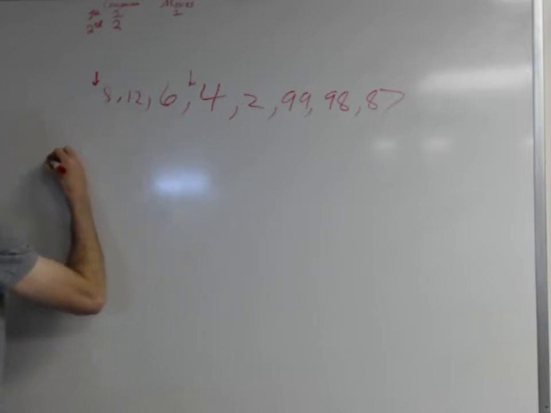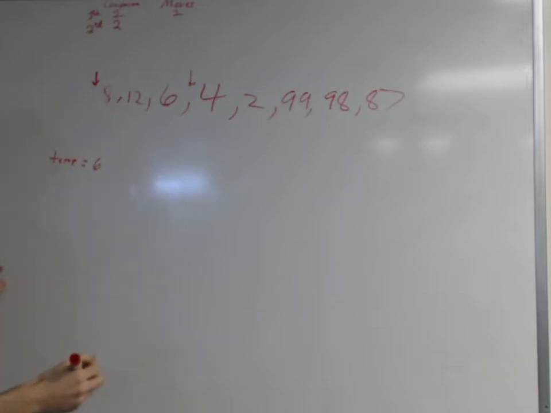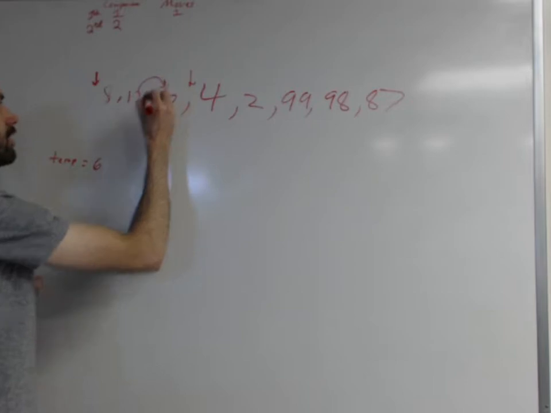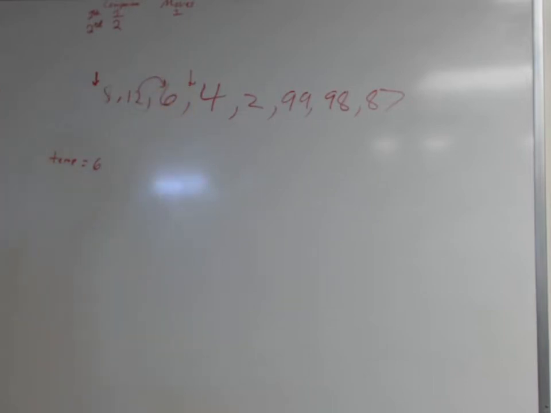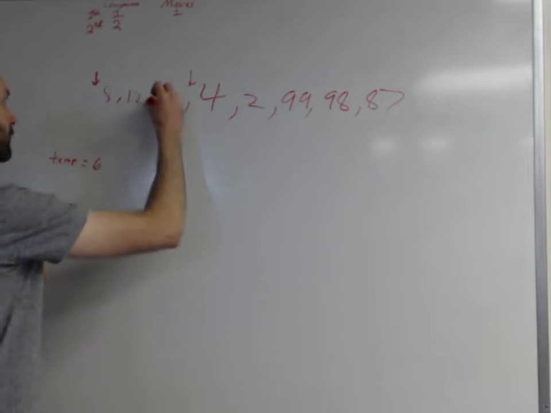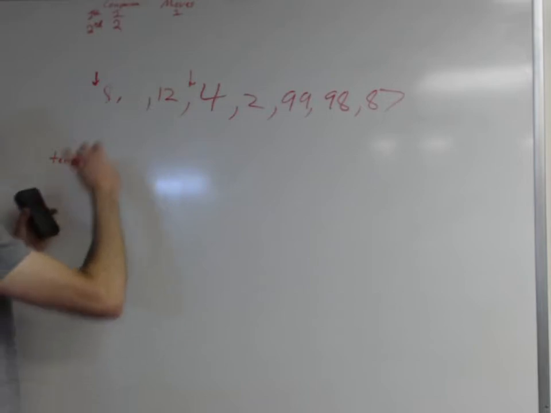First, you create your temp variable, set it equal to 6. Then you first move the 12 over here. So we're going to take that 12 and move it over here. Then we're going to move the 8 over the 12.